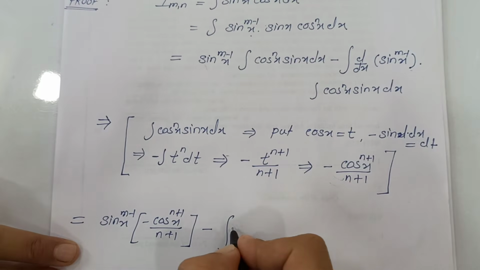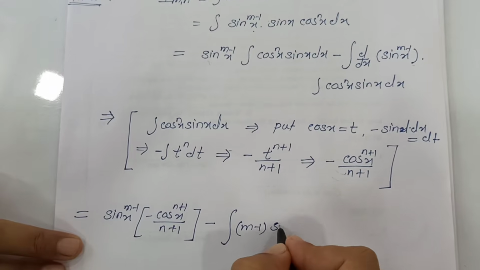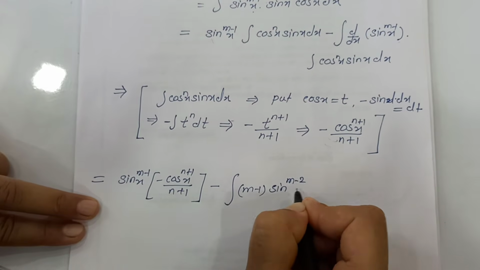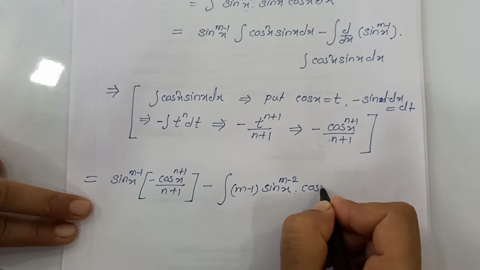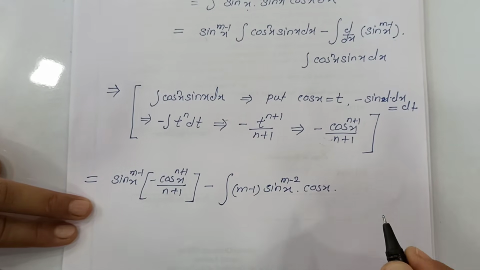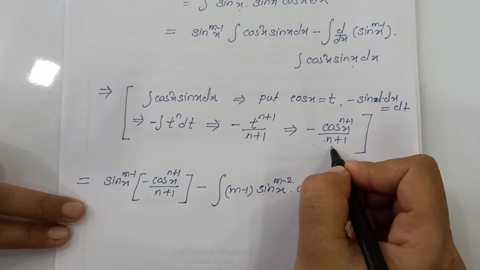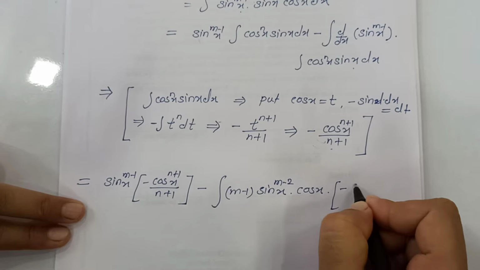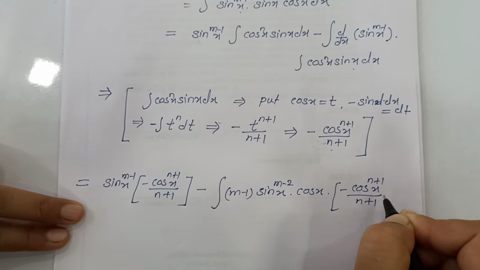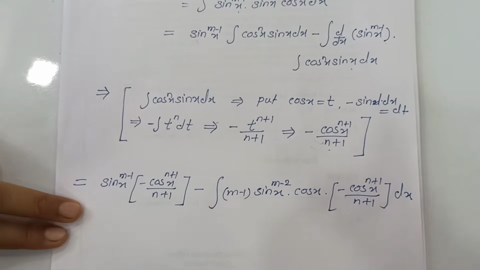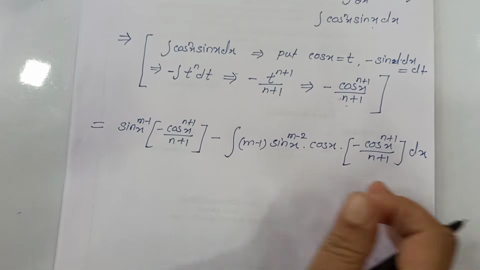So derivative of first function here will be m minus 1 in the front, power reduced by 1, and then derivative of sin x is cos x, into integration of this second function. Integration we have already calculated, it is minus cos raised to n plus 1 x upon n plus 1, and then dx.